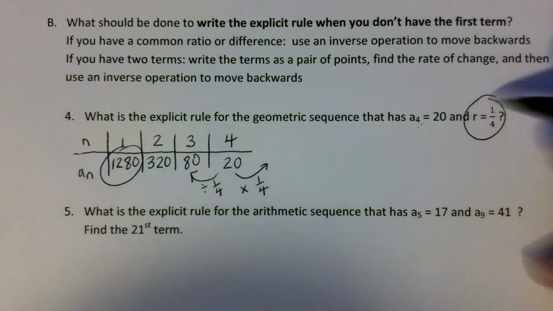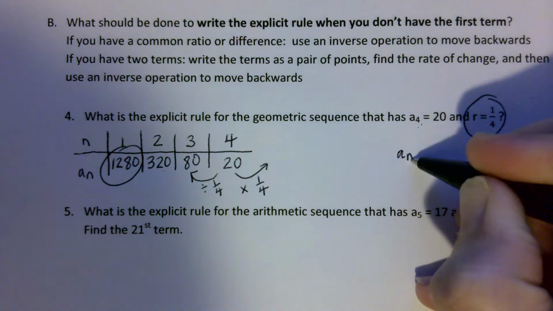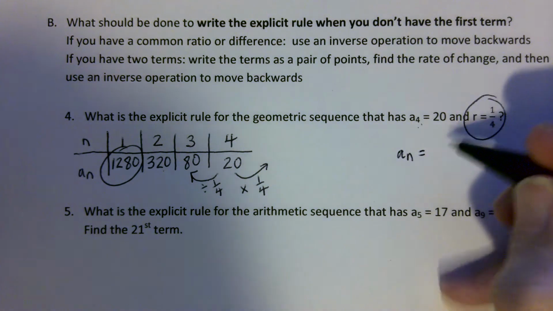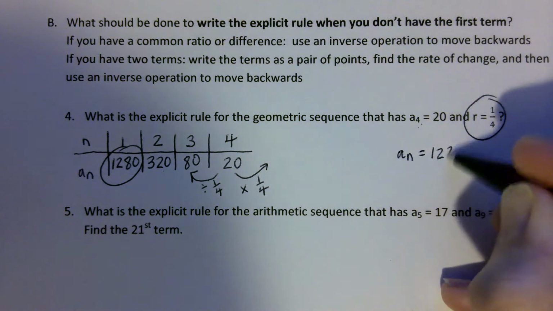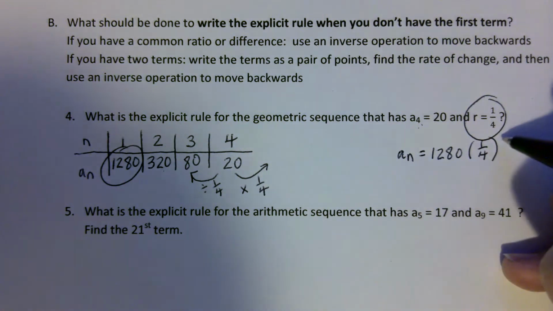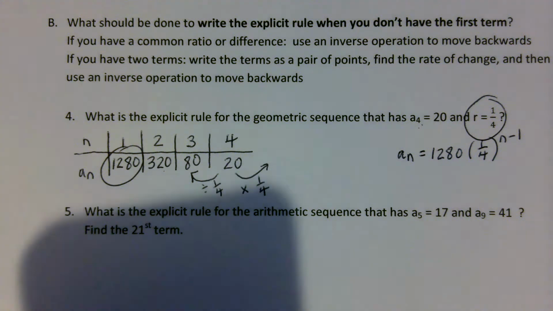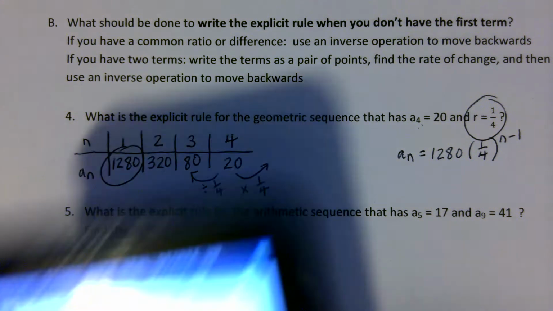I have my common ratio is 1/4, and I write my explicit rule. A sub n equals my first term times my common ratio to the n minus 1 power. And it's always a good idea if you write the equation to check your answer.